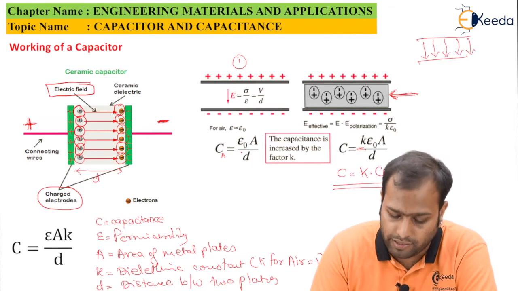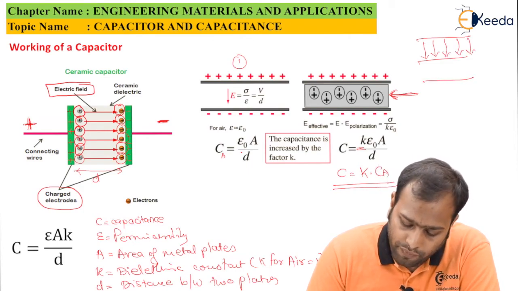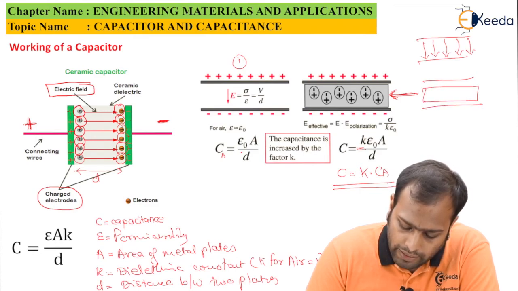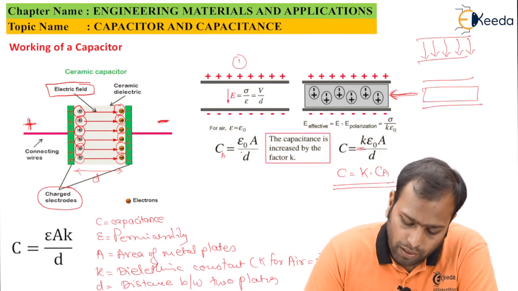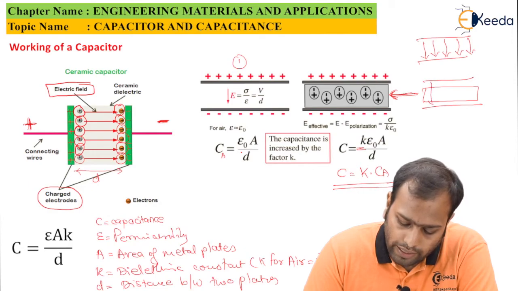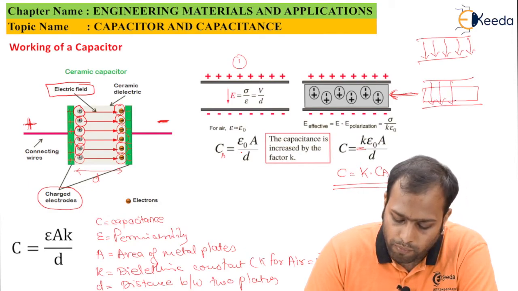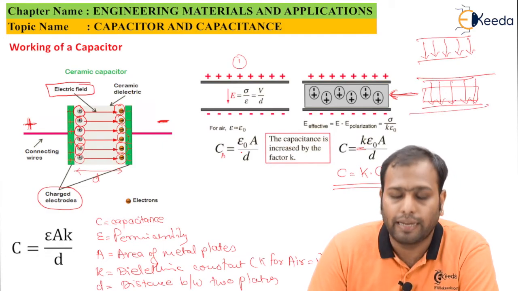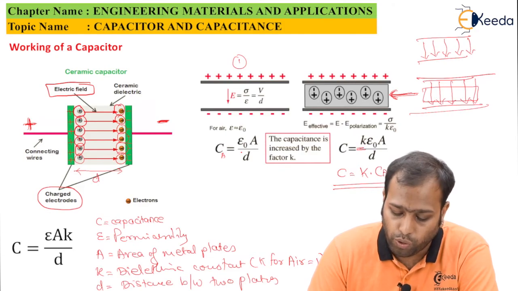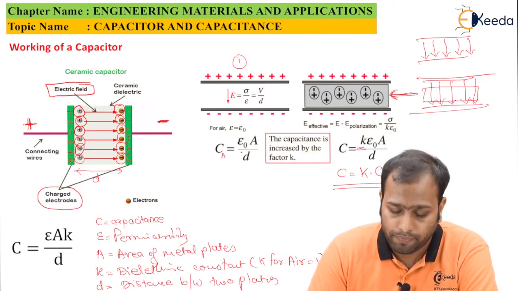It would be a direct transition. Whereas if I have a material in between them, the field will take a while to get from top to bottom, thereby increasing the capacity or the amount of charge that it can store within the capacitor. Thank you.